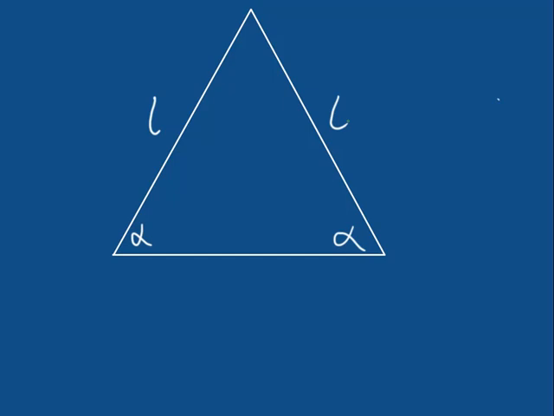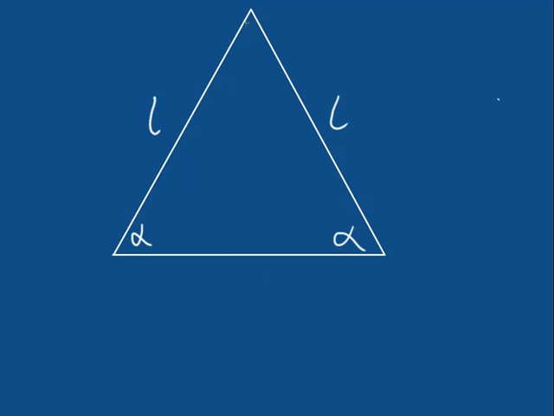Well, because the two sides are of equal length, and because these two sides join the base at equal angles, we actually can prove that the median that runs from this top vertex to the center point of the base, that median line is actually going to join the base at a right angle. Now, we can prove this, but I'm not actually going to get into the proof here, so just trust that it does indeed meet at a right angle.